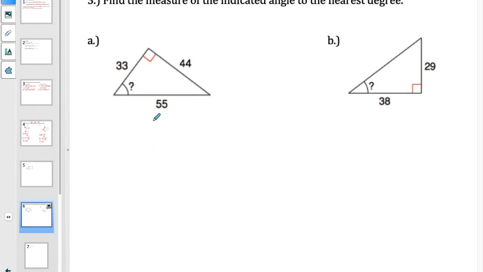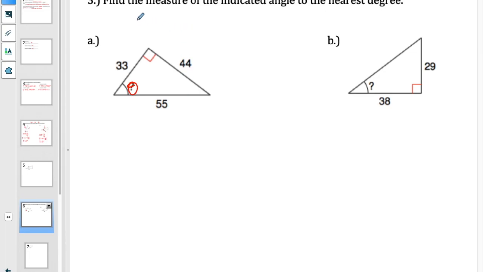On example 3A, what's interesting here on this problem, guys and gals, you have all three sides. So you can actually use any of the trig functions to find, and again, I'm going to call this question mark theta. Okay, so let's label this out.